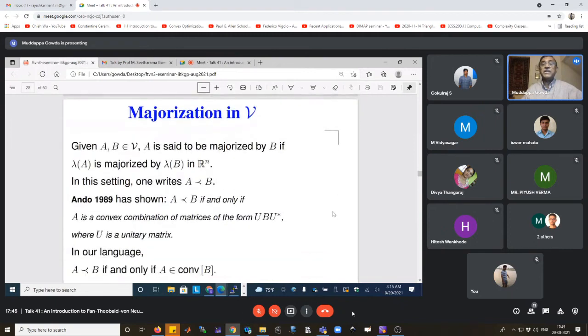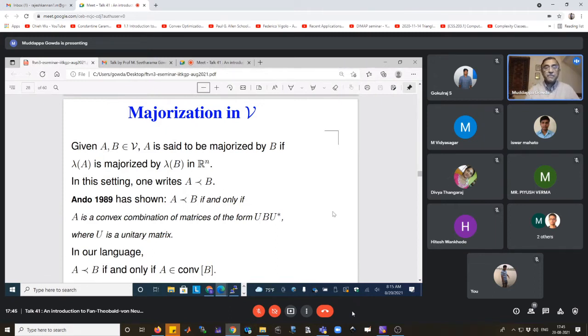Coming to majorization in V, remember once again that V is either S n or H n. If I take two matrices A and B, the classical definition is that A is majorized by B if lambda A is majorized by lambda B in R n. Now we have the standard notation, and Ando in 1999 proves that A is majorized by B if and only if A is a convex combination of matrices of the form U B U star, where U is a unitary matrix.